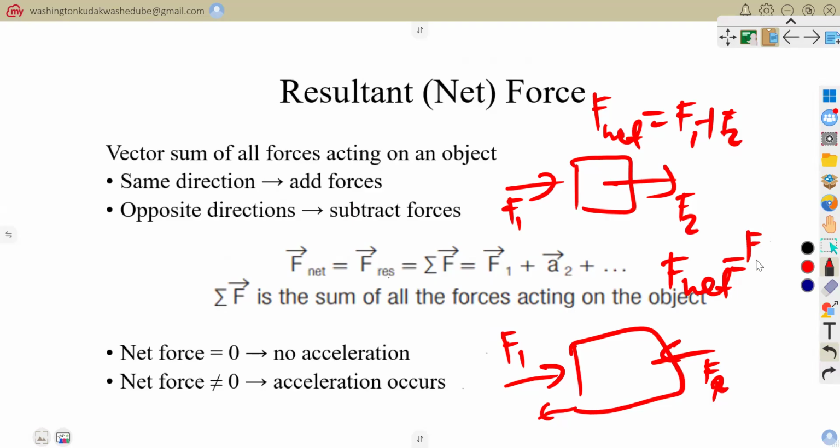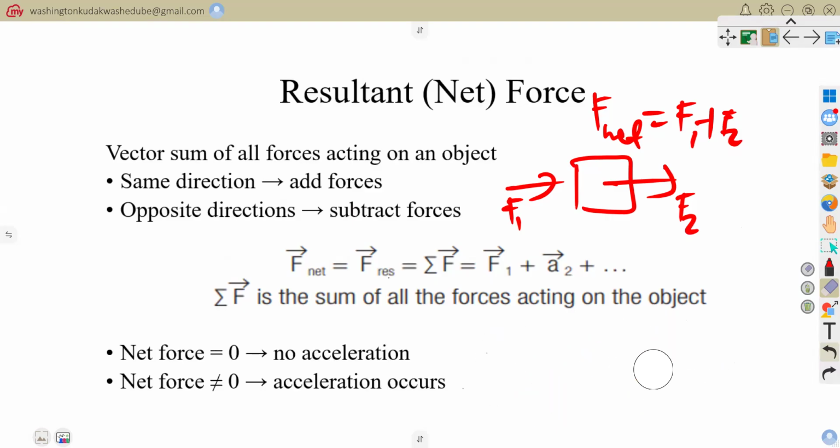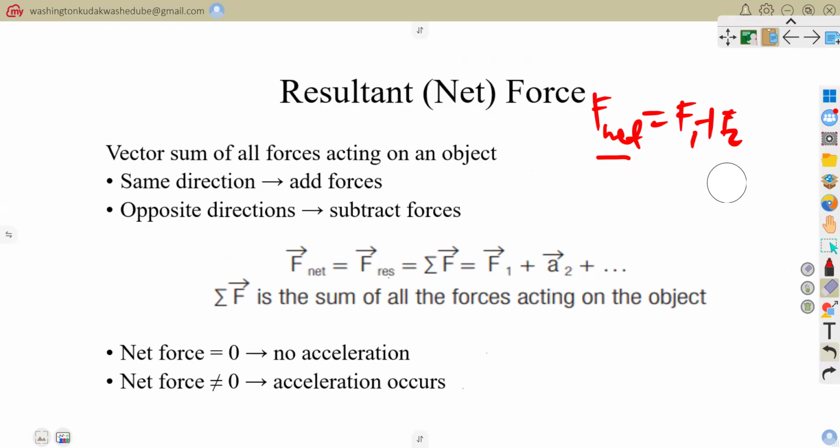So it might be F1 minus FR, where now you need to first choose the positive direction. Either you are saying that going to the right is positive, or else going to the left is positive. So that is how we determine and define the net resultant force.